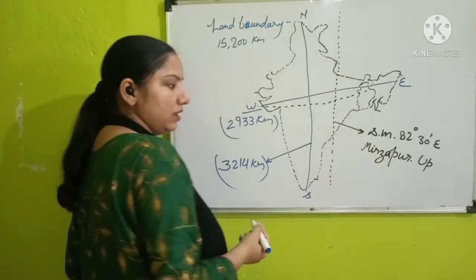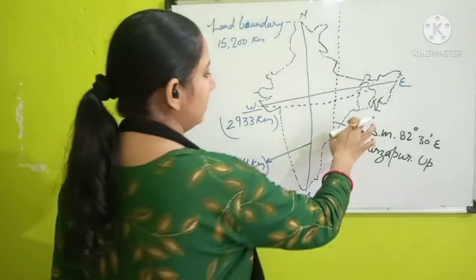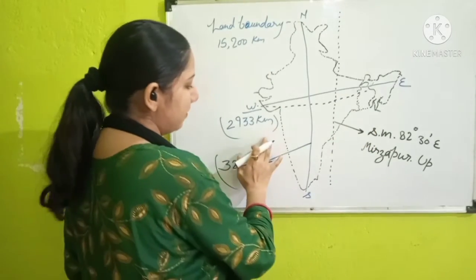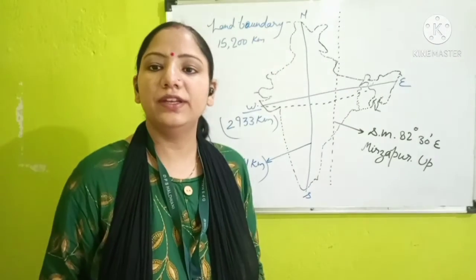Whereas if you go through the coastline boundary, the boundary lying on three sides, because our country is covered from three sides by seas: here the Bay of Bengal, here the Arabian Sea, and the southern part is covered by the Indian Ocean.